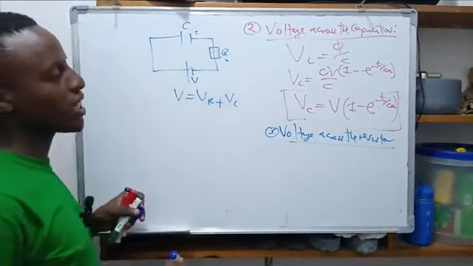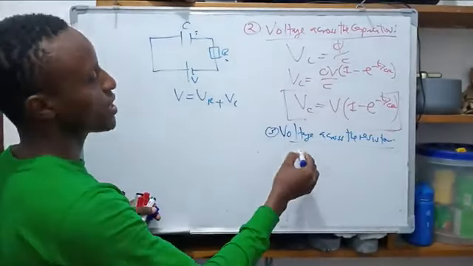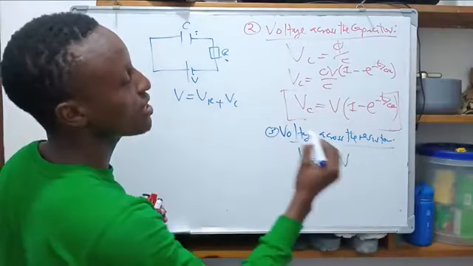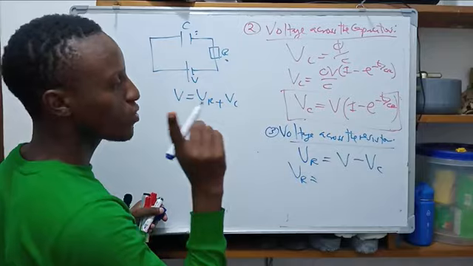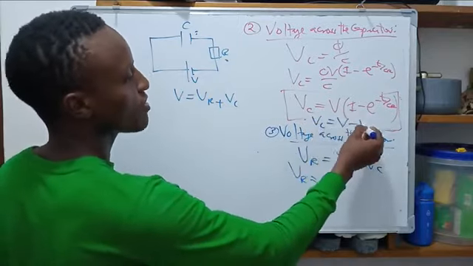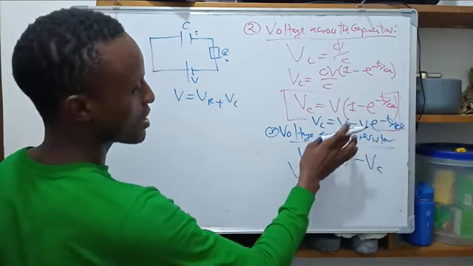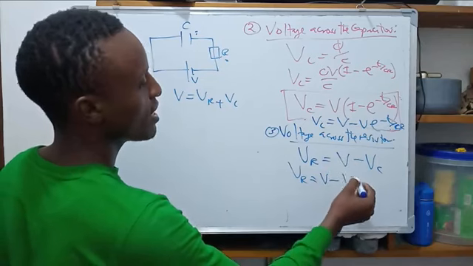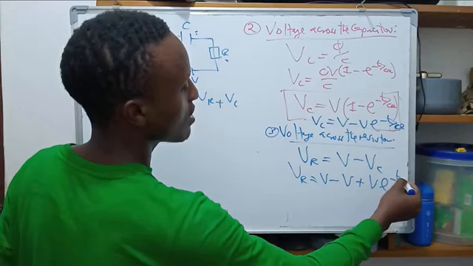So, if we have the voltage across the capacitor, the voltage across the resistor is just equal to the voltage from the battery minus the voltage of the capacitor. So VR is equal to V minus V times 1 minus e to the negative t over CR. So we can say V minus V, then plus V e to the negative t over CR.